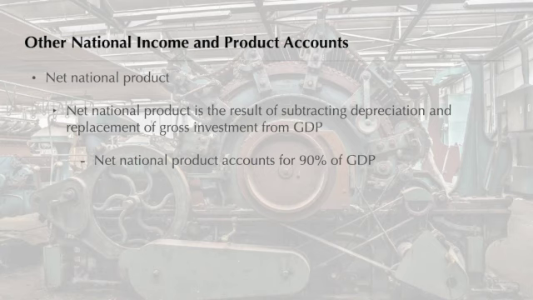Because net national product does not include investment spent to maintain current equipment, it is a more representative measure than GNP of a nation's actual output of new goods and services during a given year. Nevertheless, even though net national product is a better measure of a nation's output, economists use it less frequently than they use GNP. Net national product usually accounts for about 90% of GNP.